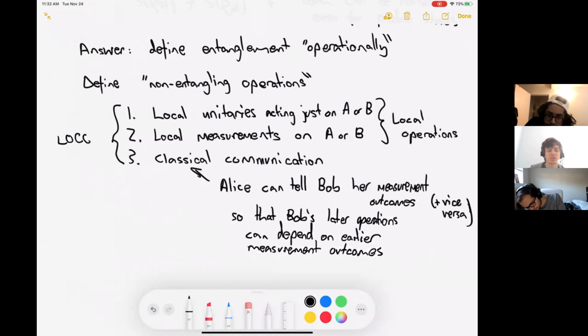Okay. Any questions about how they're defined? Why this might be a sensible thing to define as non-entangling operations? Okay.